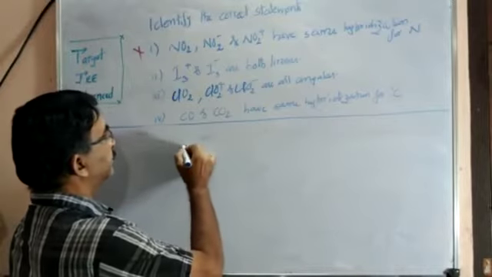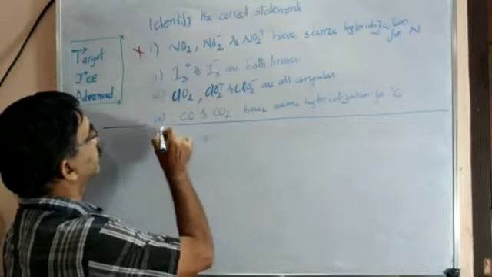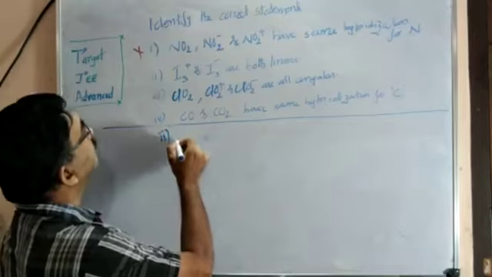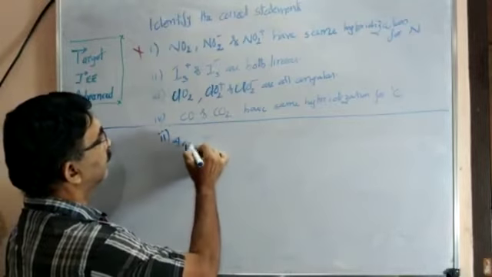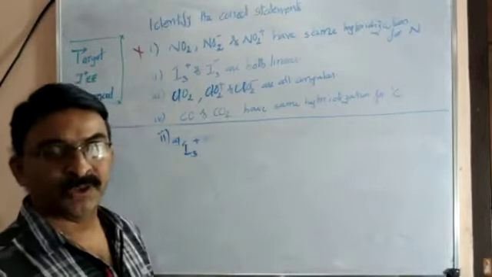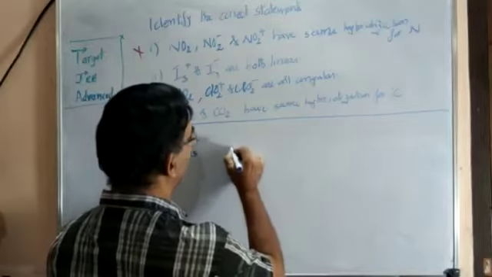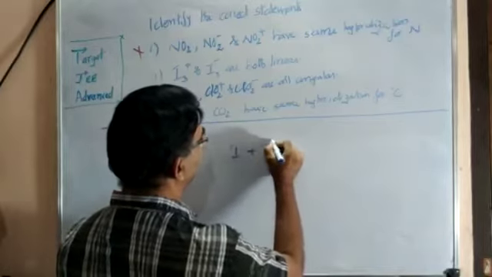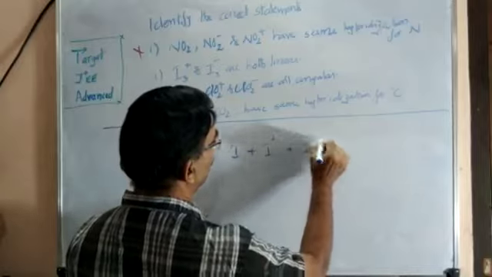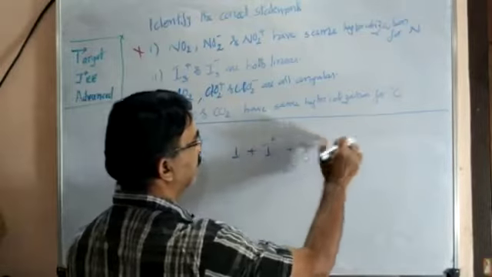I3 plus. Whenever there is a plus charge, that should be on the central atom. So we can have this like this, I plus, I minus, I giving I3 plus.